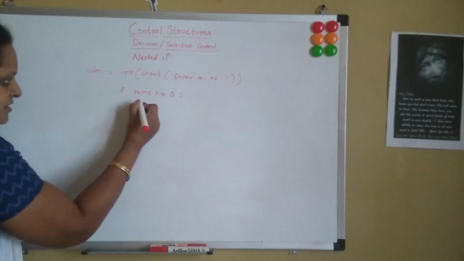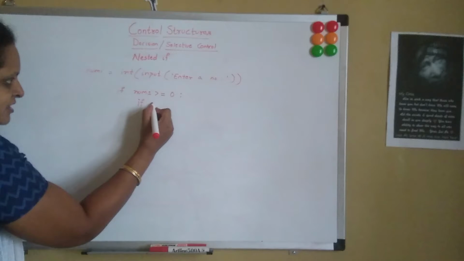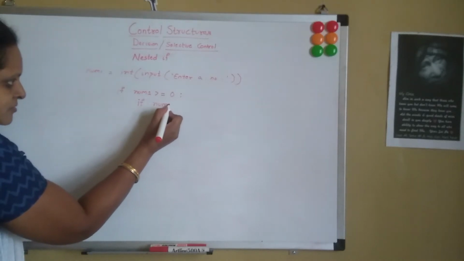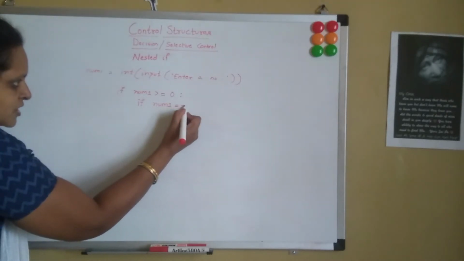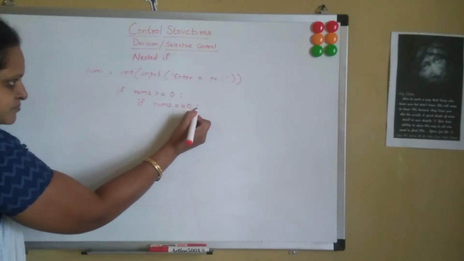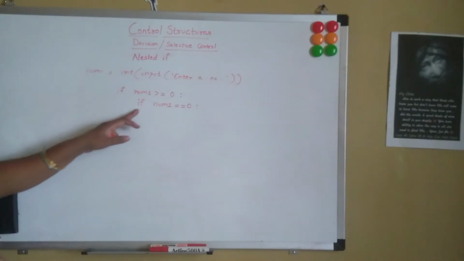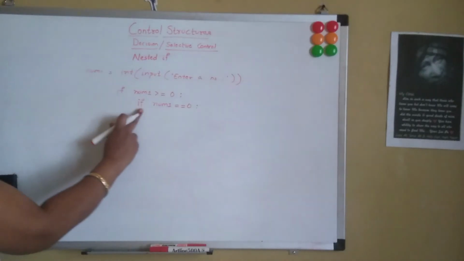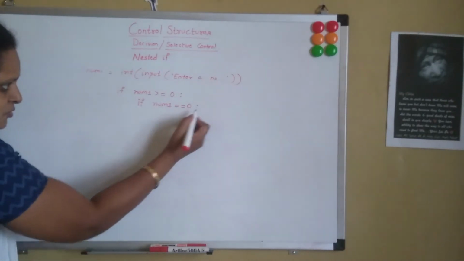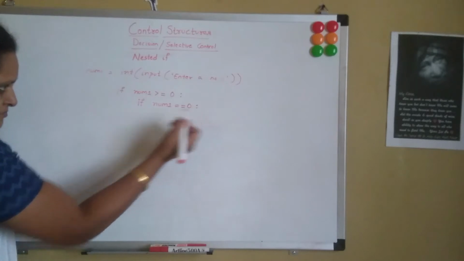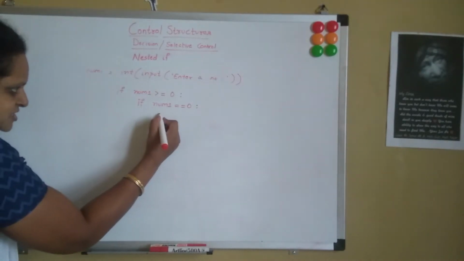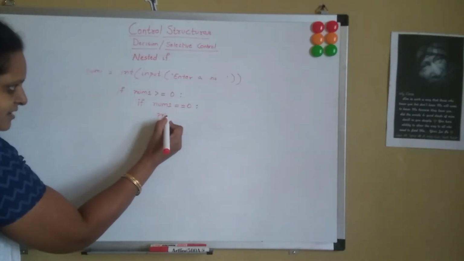Here I write another if statement: if num1 equal to 0. So within an if there is another if. So it is a case of a nested if condition. If num1 equal to 0, again we have to give a colon. So the statements get indented.